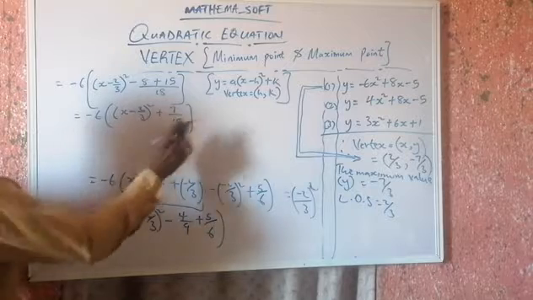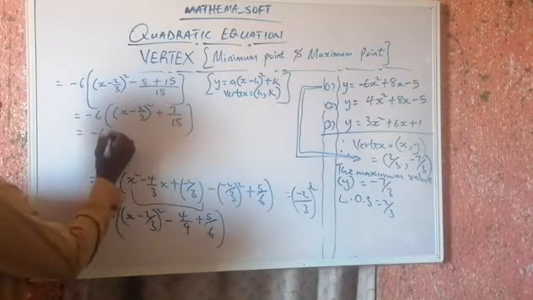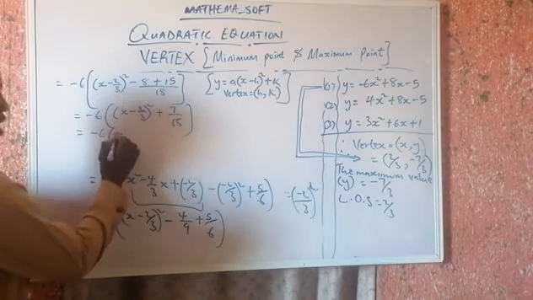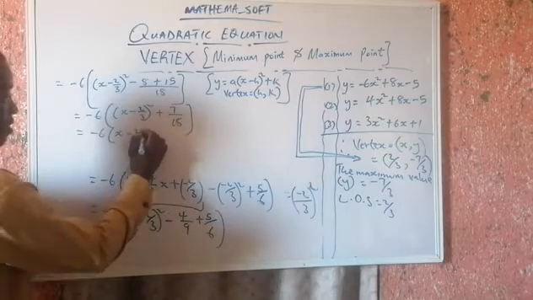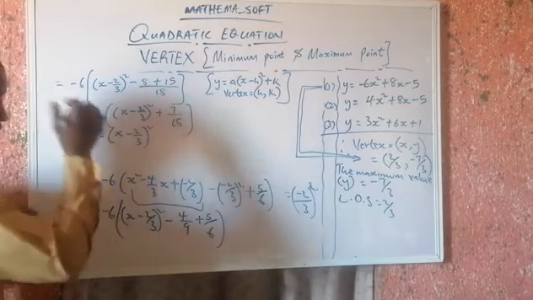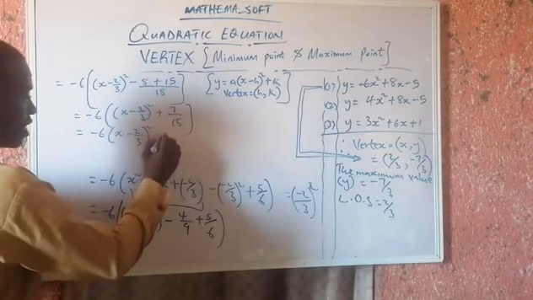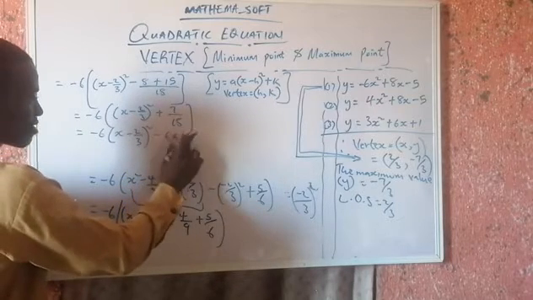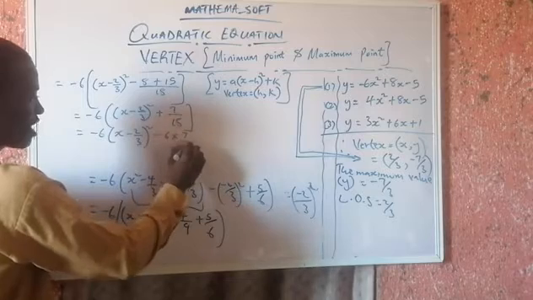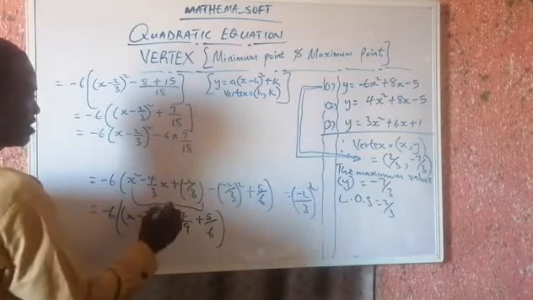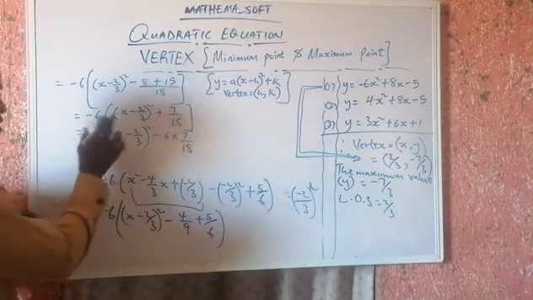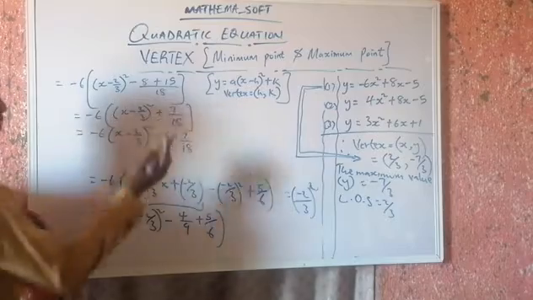So let's use minus 6 to open the bracket. That will be minus 6 into this bracket, x minus 2 over 3 squared. Minus this 6 times this will give me minus 6 times 7 over 18. We have already used this minus 6 to multiply this and then to multiply this.